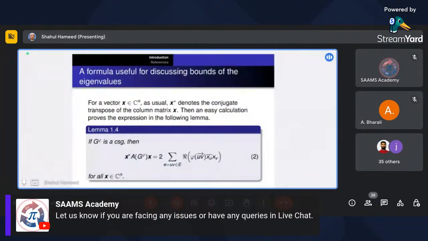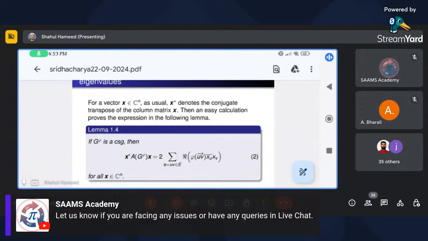Now, as Professor Ankur has rightly said, when we want to optimize the eigenvalues, this expression will be very useful. If you have a conjugate skew gain graph G phi, then for any x in the n-tuple complex space C^n, x star A(G phi) x will be 2 times the sum over the edges.